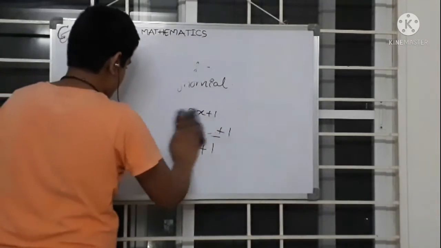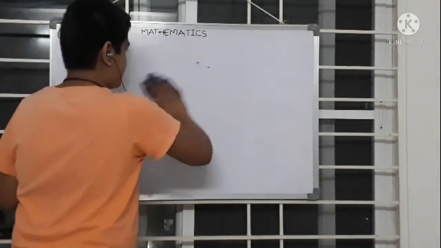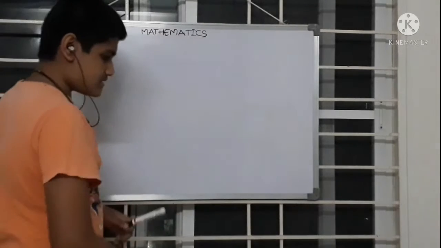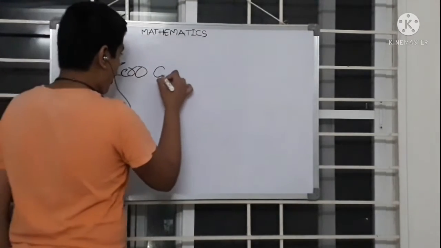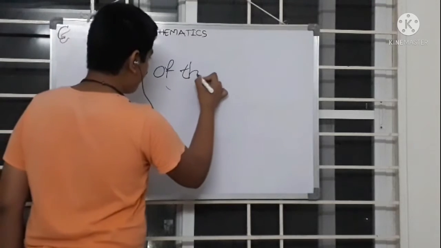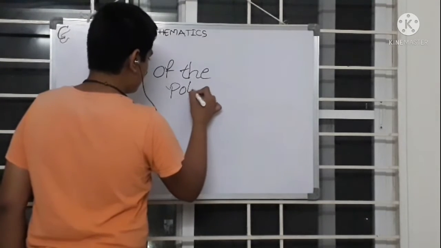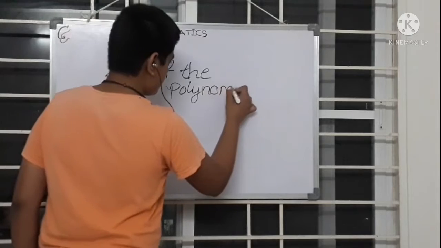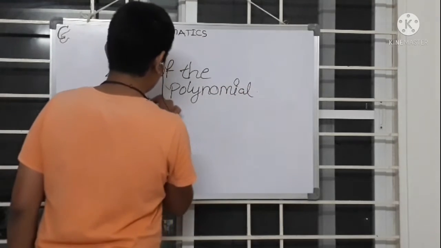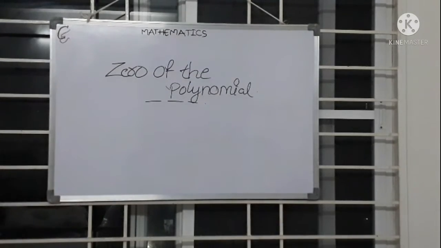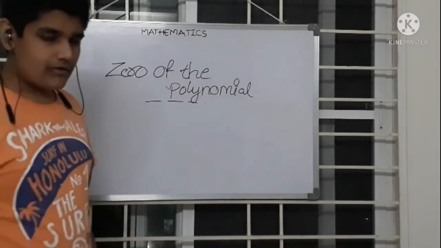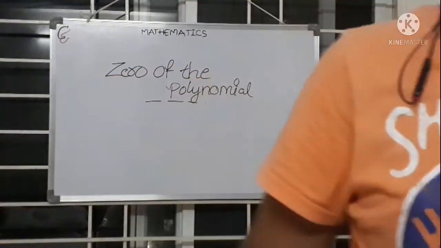After finishing the session, I'll repeat the total topic again. Now, zero of the polynomial. Let me discuss that now.